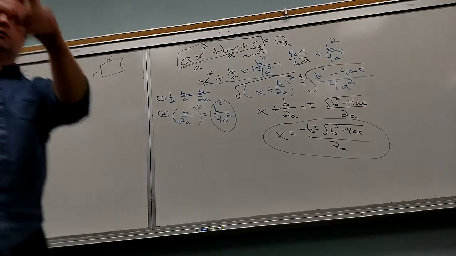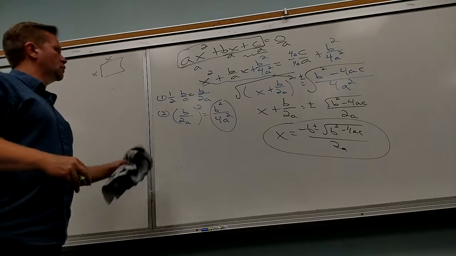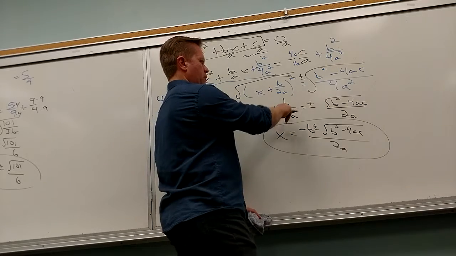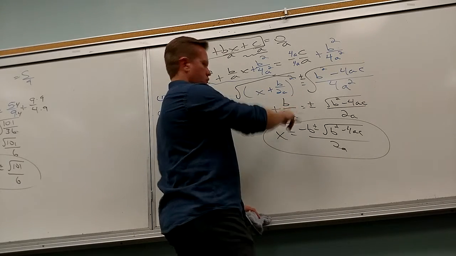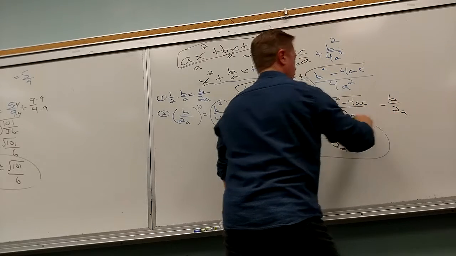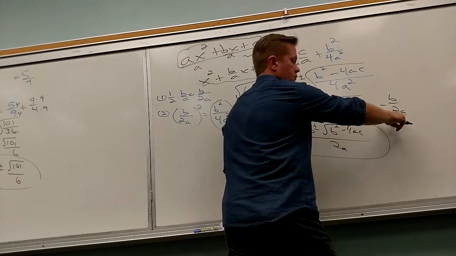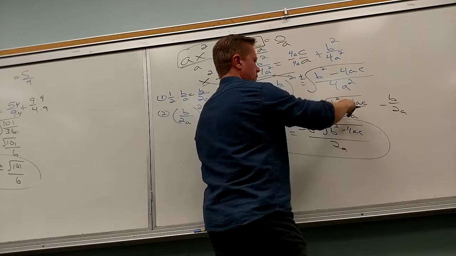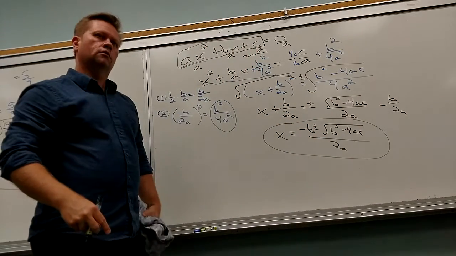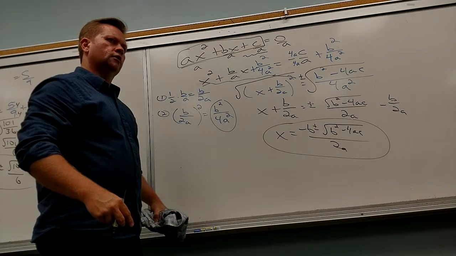There's some questions. Yeah. Wait, I don't know how you did the last step. We probably need to subtract b. Yeah, subtract b over 2a over. So if I subtract b over 2a, they have LCD already. So I can put negative b plus or minus this on the top because they have the same denominator. Do I have to write it twice? You don't have to. Right, what twice? The 2a.